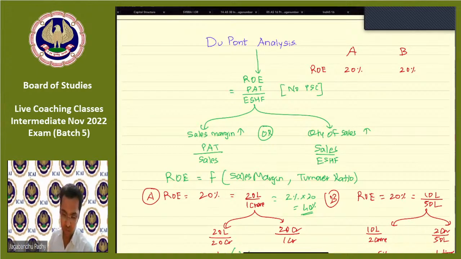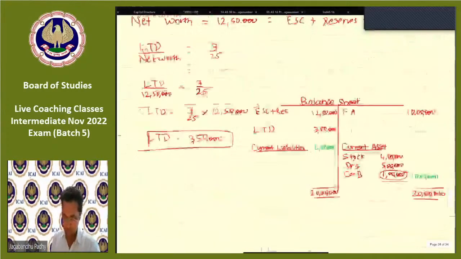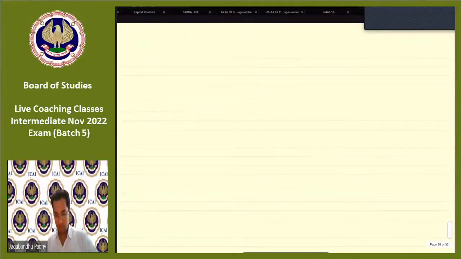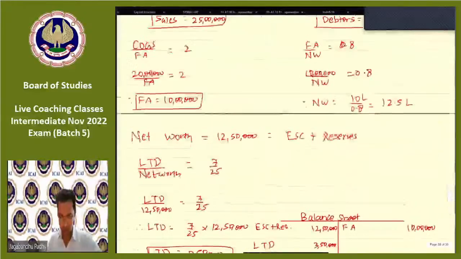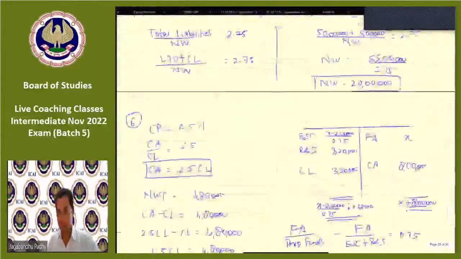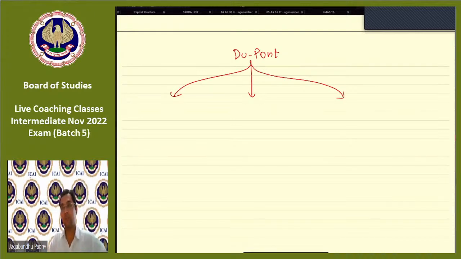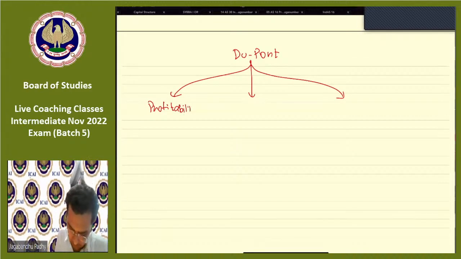There's another part for this Dupont. Okay, so in this case, as we did the Dupont analysis, we can actually break it up into three components. One is definitely the profitability component. Second is the turnover component.